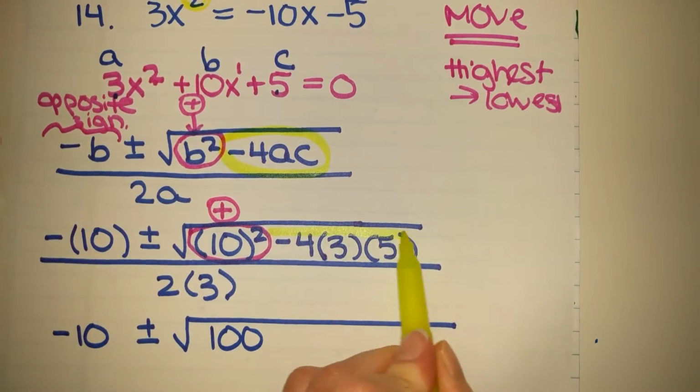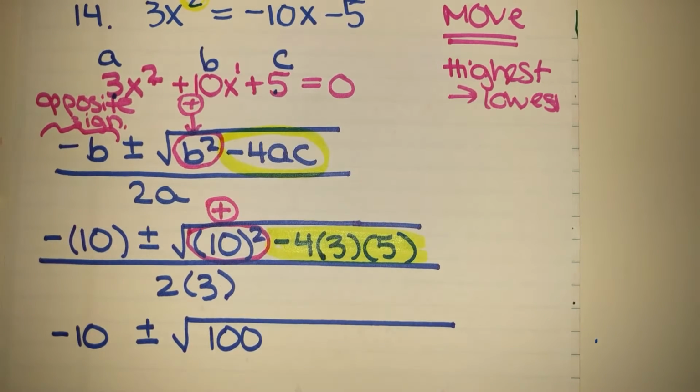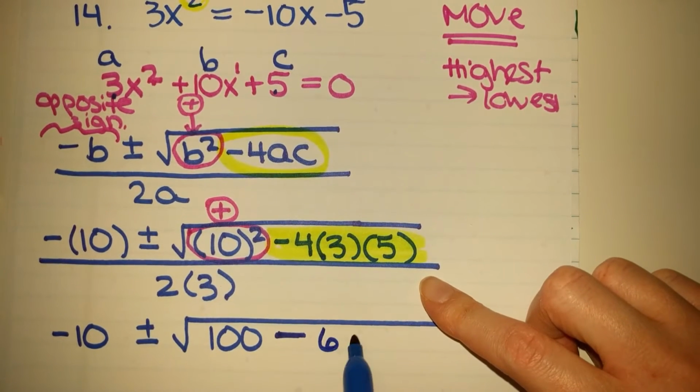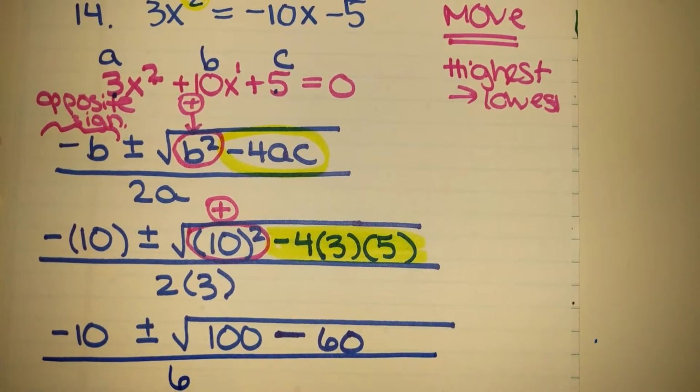So we multiply negative 4 times 3 times 5. We multiply all three of those numbers together. There's only one negative sign, so that's going to become a negative 60. Be super careful about that sign. All of that multiplied together gives us our negative 60, and then divided by 6.